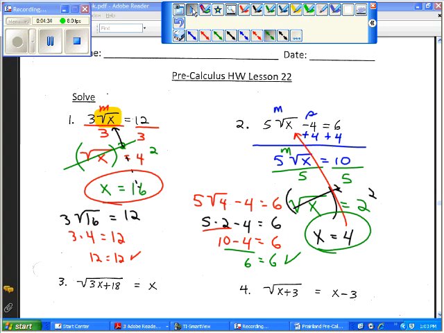And so we have verified that x equals 4 is truly a solution. Any questions on that? Okay. Any questions on the first two?